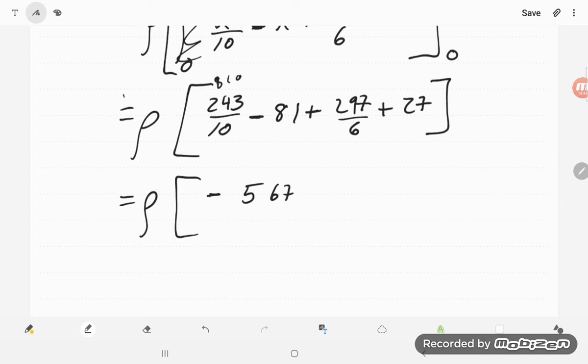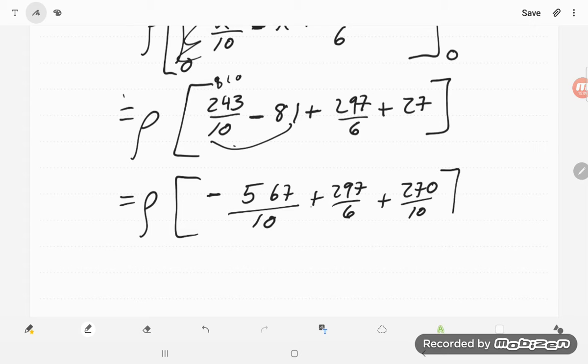So negative 567 over 10. So I'll put those two together. And let's see, what's 27 times 10? I can do that as plus 297 over 6 plus 270 over 10. So I'll just do them a few at a time.